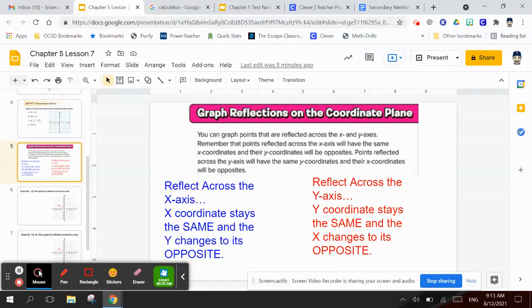We talked about these yesterday, and we want to make sure we have these written down in our notebook so we can come back to it. If it says to reflect across the x-axis, x stays the same, y changes to its opposite. If we reflect across the y-axis, the y coordinate stays the same, and the x changes to its opposite.